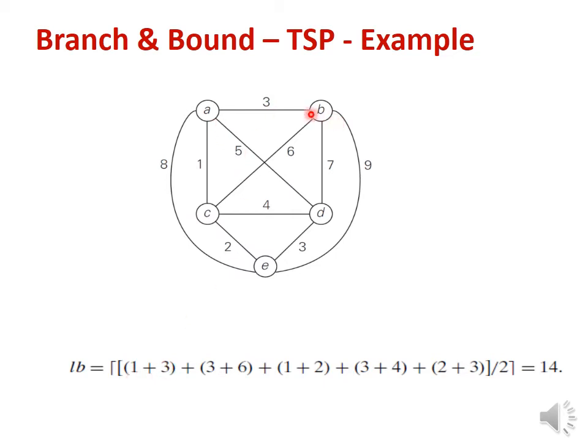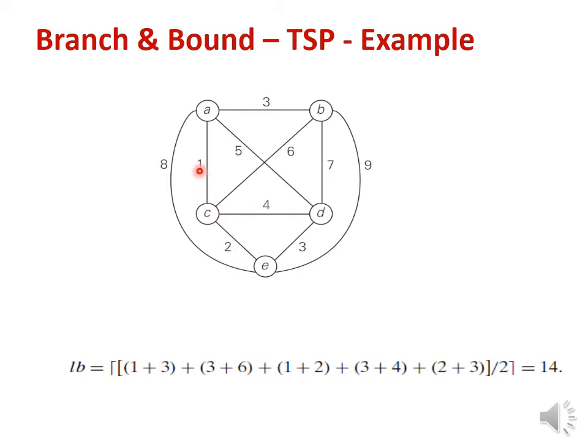For B, the distances are 3, 6, 7, 9. 3 and 6 are the two smallest values, so A and C are the nearest cities. So 3 plus 6 let us take. For C, the edges are 1, 6, 4, 2.